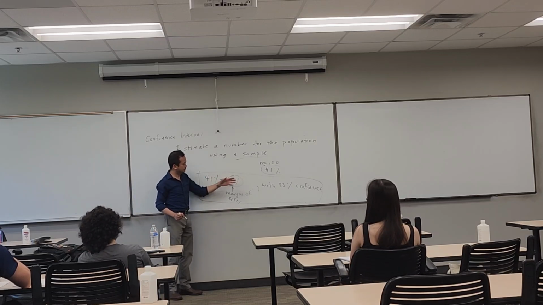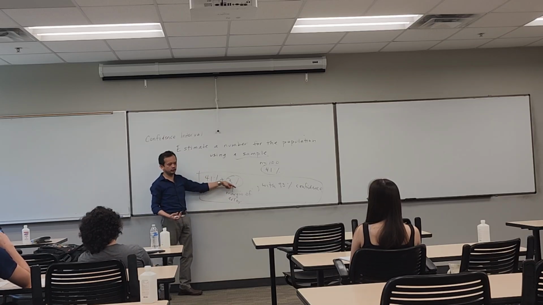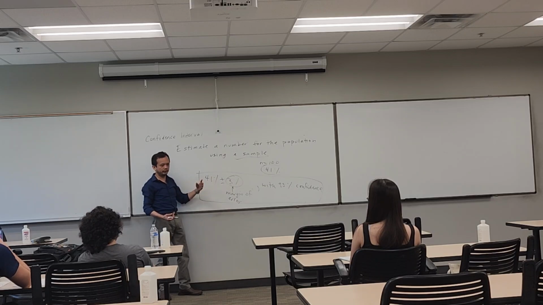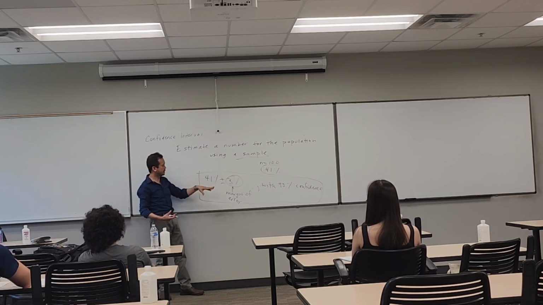And so, based on this, what does this mean? This means that the true number for the population will be somewhere inside this interval, between 41 minus 3, which is 38, and 44. So the true percentage of Americans that approve of the president will be somewhere between 38% and 44%.